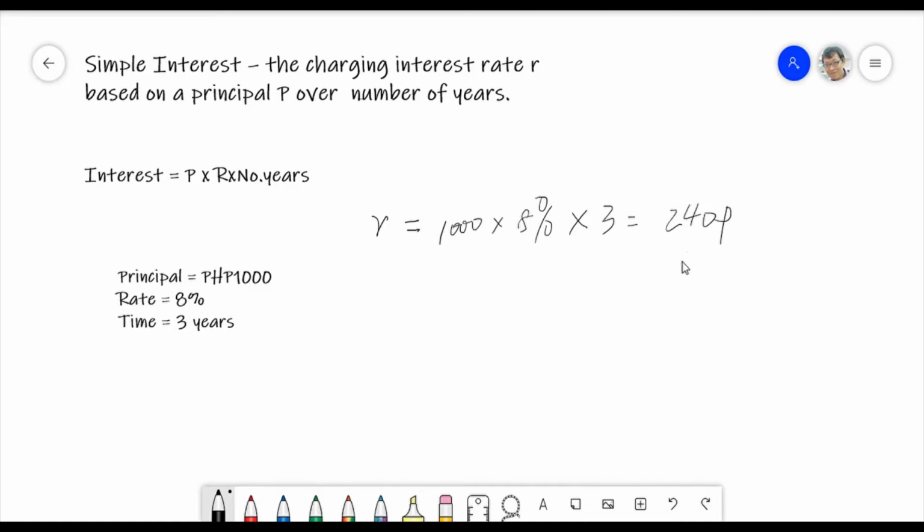Which means that in the 3 years, you earn 240 in total. Every year you earn 80 pesos, or $80, depending on the currency. Is that high? Maybe you think it's good, right?